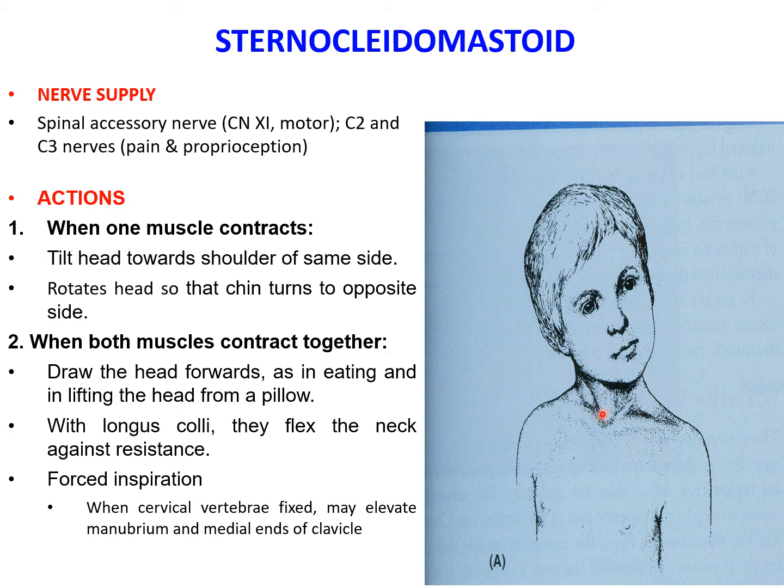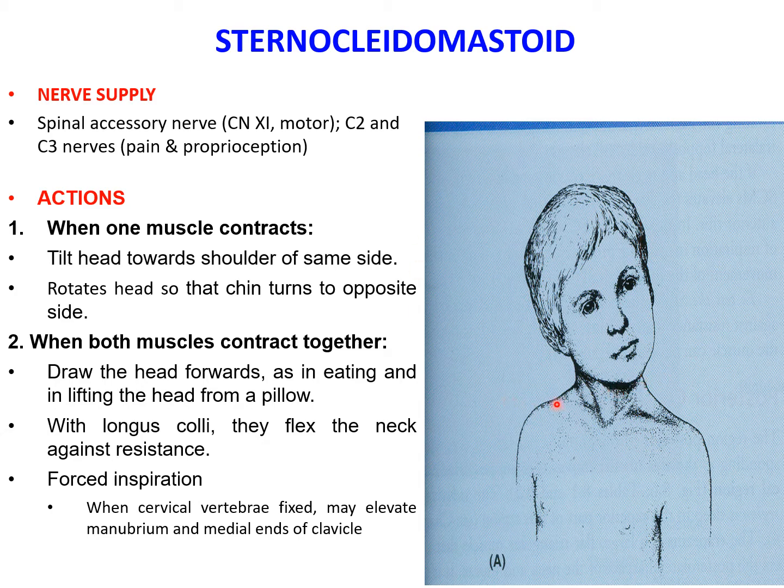When the sternocleidomastoid muscle of one side contracts, it tilts the head towards the shoulder of the same side. It rotates the head so that the chin turns to the opposite side. So, the head is tilted towards the shoulder of the same side, whereas the head is rotated so that the chin turns towards the opposite side.